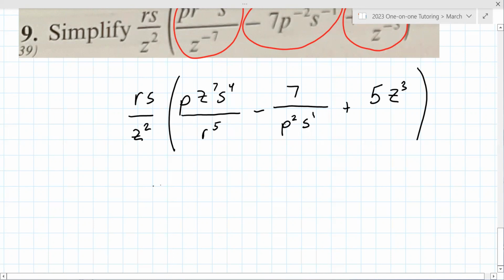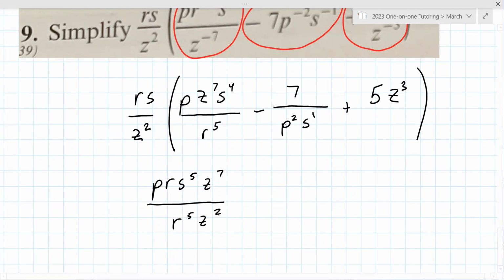So this is, well, we should do it in the right order. We should really do this in alphabetical order. So it's P s to the 5th, or I'm sorry, P r s to the 5th. Let me redo that. Z to the 7th over r to the 5th z squared.